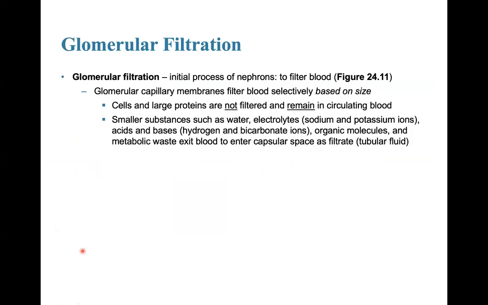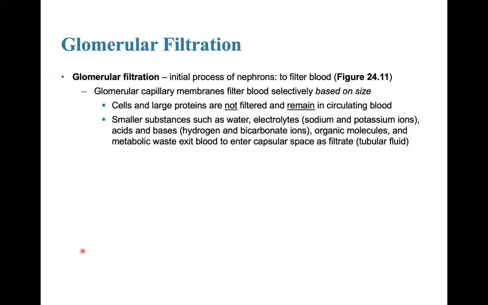So glomerular filtration, this is the initial process of the nephrons to filter the blood. The glomerular capillary membranes filter the blood selectively based on size. These are fenestrated capillaries. Cells and large proteins cannot be filtered, or should not be filtered, and they actually remain in the circulating blood.